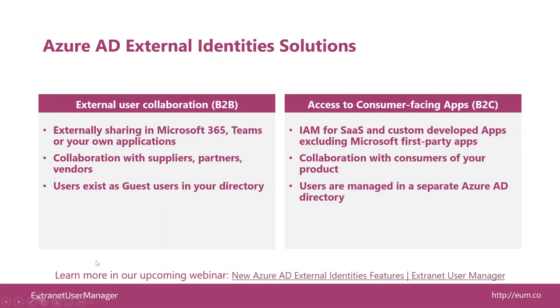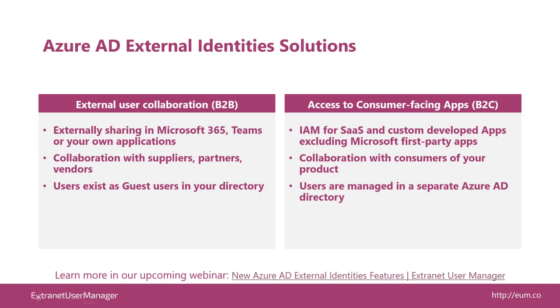Okay. So I mentioned B2C. B2B and B2C mean business to business and business to consumer, and in hindsight, I think Microsoft maybe regretted those naming conventions, because it doesn't necessarily mean that. What it really means is that B2B is the style of sharing that you do with Microsoft 365, Teams, and your own applications, but you're connecting them into your Azure AD, bringing them in as guests in your directory.